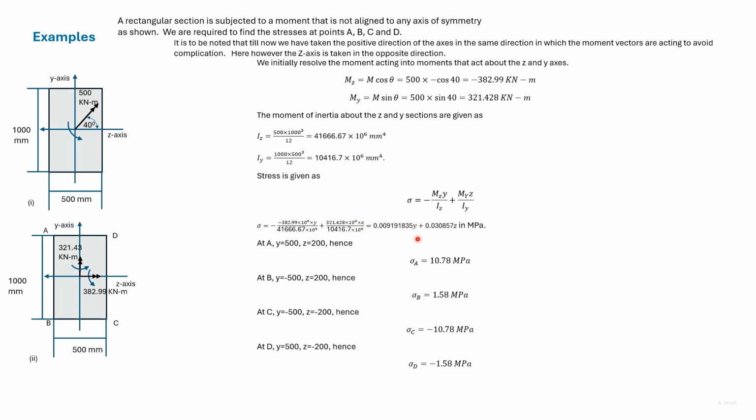So when we substitute, we get an expression that is positive in both y and z. In order to find out the stresses at A, B, C, and D, we substitute the dimensions of the points A, B, C, and D, and we get stresses at A and B that are positive and stresses at C and D that are negative.